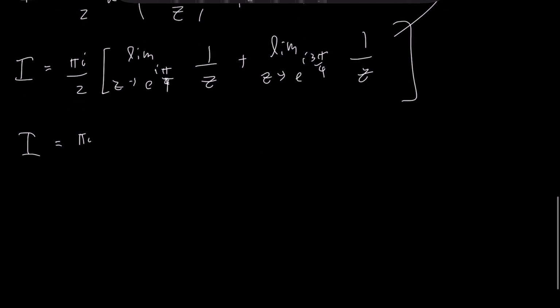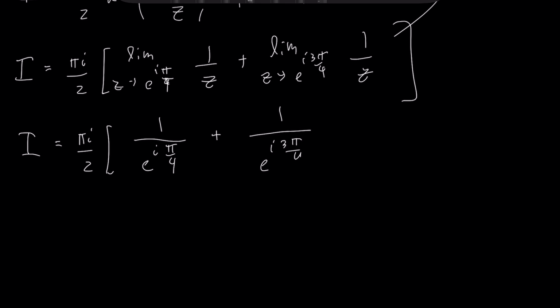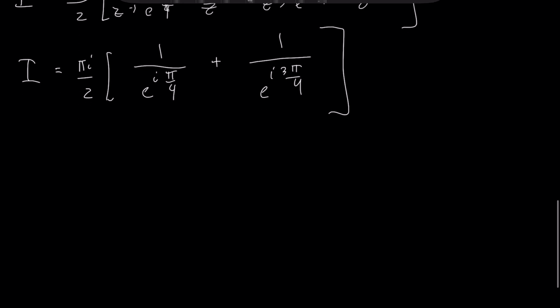So we have the integral is pi i over 2. This will end up being 1 over e to the i pi over 4, plus 1 over e to the i 3 pi over 4, which can be simplified into pi i over 2 times e to the minus i pi over 4 plus e to the minus i 3 pi over 4.